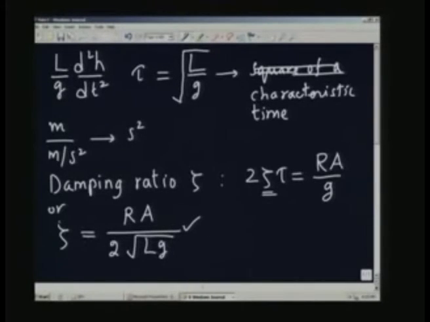This is the damping parameter. If it is less than 1, it is underdamped; equal to 1, it is critical or critically damped; greater than 1, overdamped.